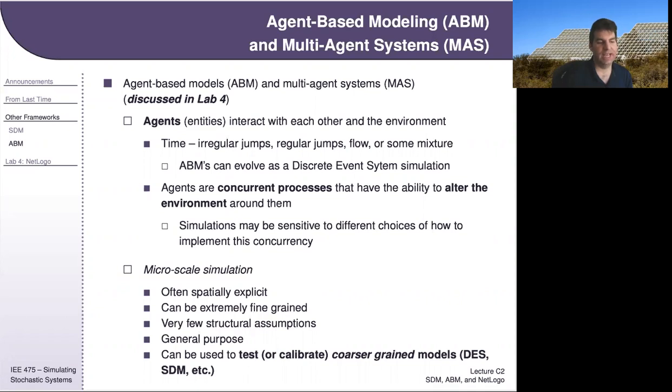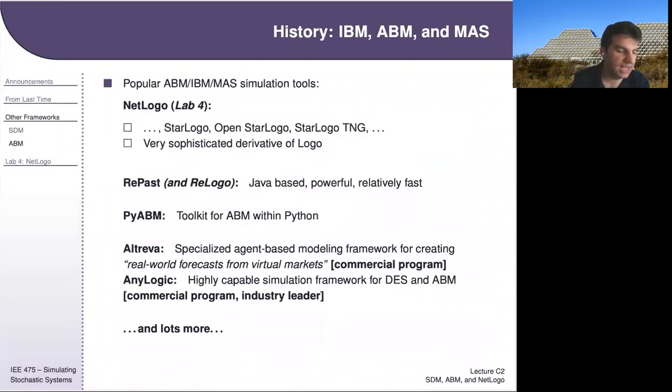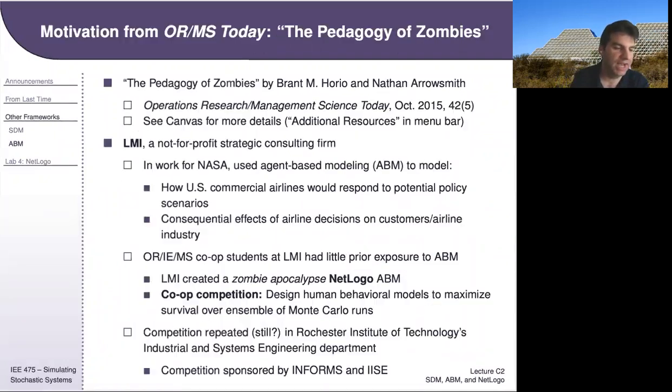And I just want to motivate that with, sorry, that was a scroll wheel issue, a competition that came out not that long ago. I've got an article on Canvas that you can read about it. There was a group, LMI, that does consulting work for NASA.